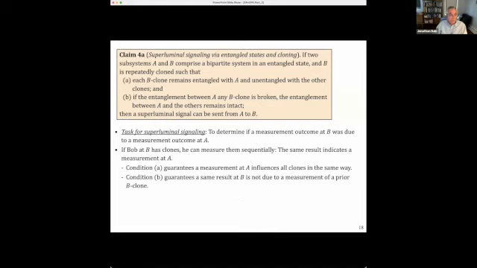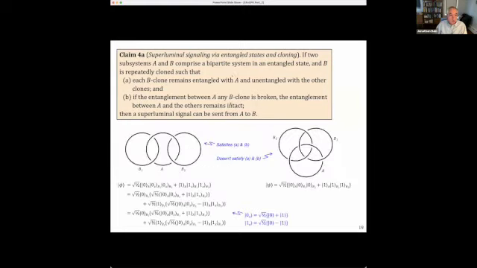So here's maybe one way of making these two conditions a bit more explicit.